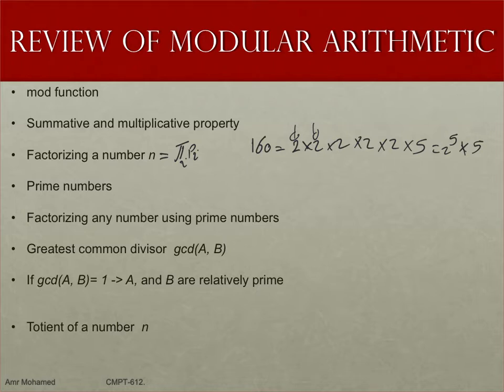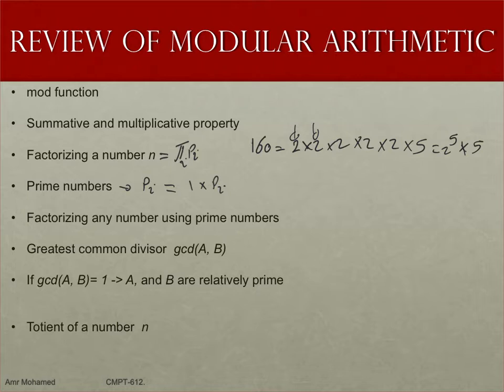What is a prime number? A prime number is a number that is divisible only by itself and 1. That's it. So Pi is a prime number if we factorize it and we reach 1 times Pi, and there is no lower divisor that divides Pi.